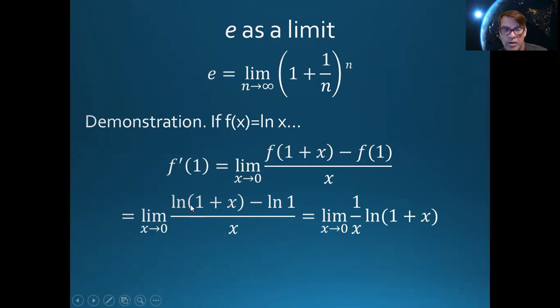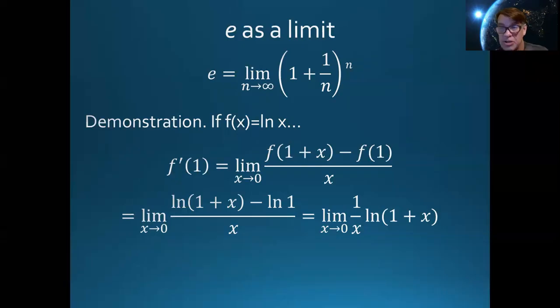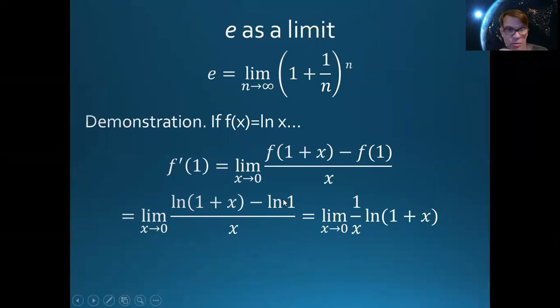It's the natural log of 1 plus x minus the natural log of 1, all over x, because that's what f is in this case. Actually, I'm getting a little ahead of myself here. The natural log of 1 is 0, so minus 0 just goes away. So we have the natural log of 1 plus x, and the 1 over x comes from the x in the bottom.